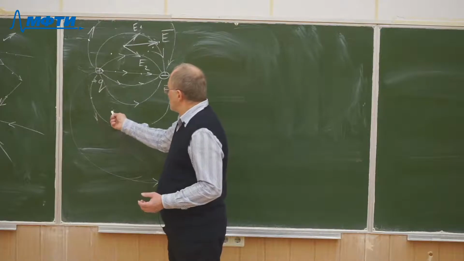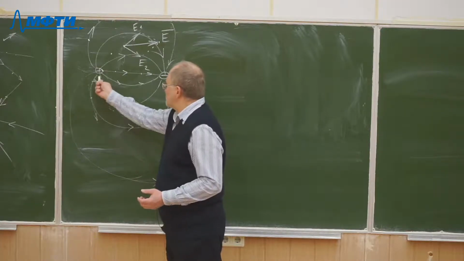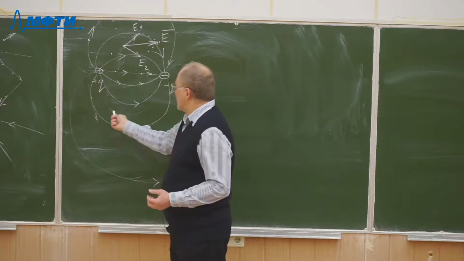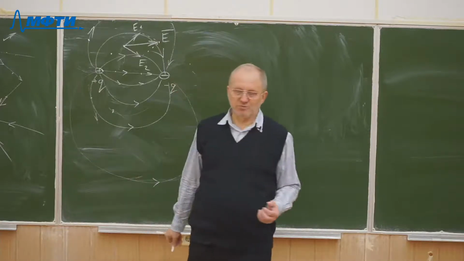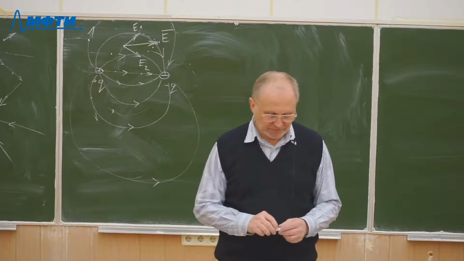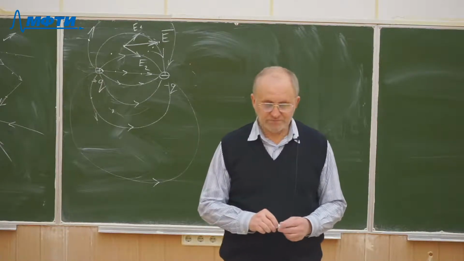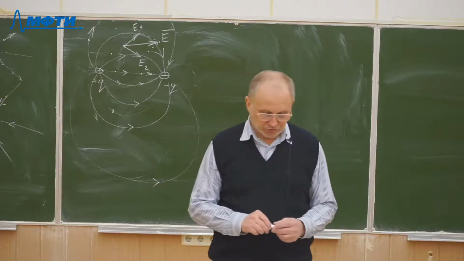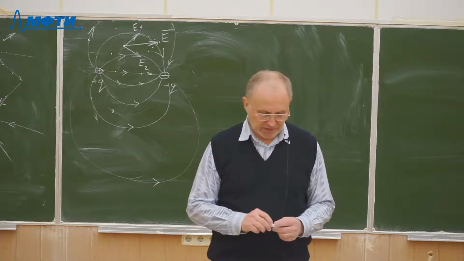And that force will be tangent to the field line passing through this point. So an electric field line can always be drawn through any point in space.